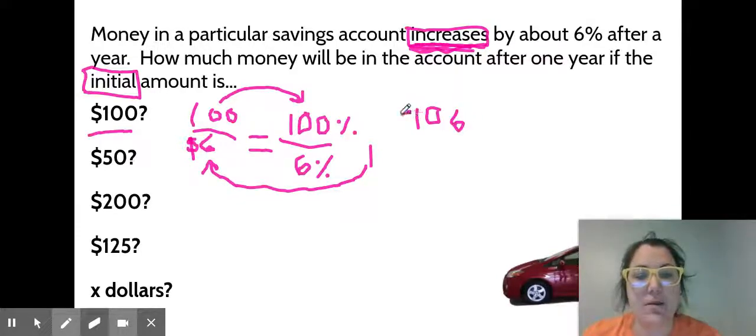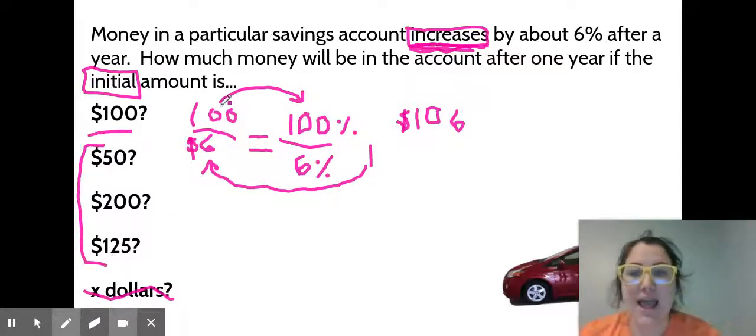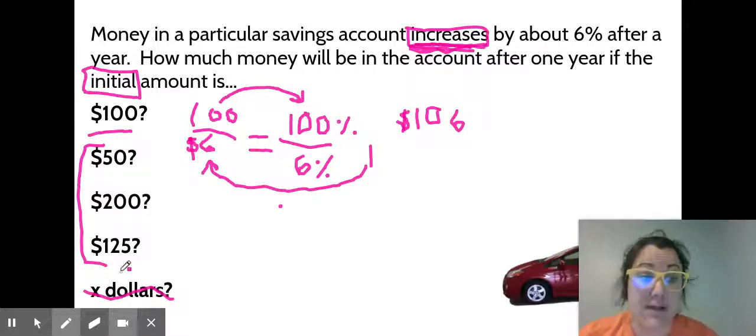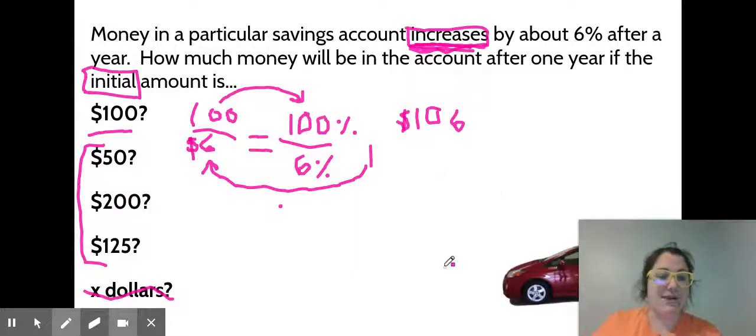Okay. So I'm going to set a timer for 5 minutes. Do not worry about this last one, but I would like for you to do proportions for these 3 to solve how much money is in the account after a year. It's a 6% increase for all of these. So 5 minutes on the clock.